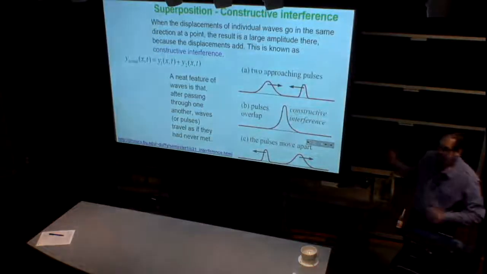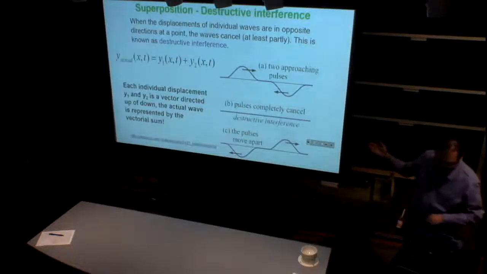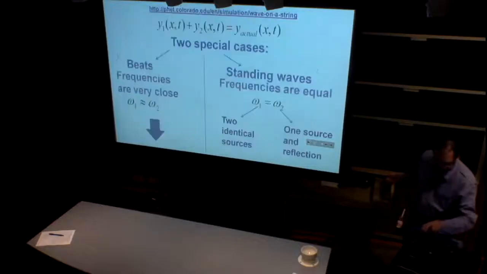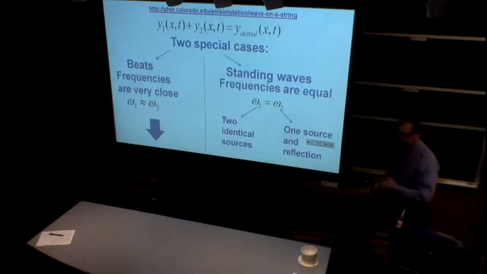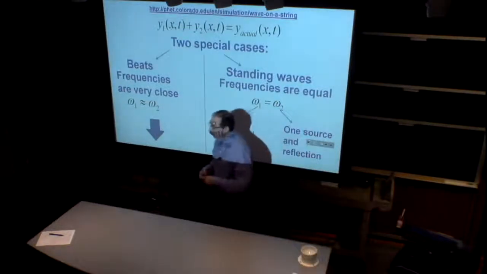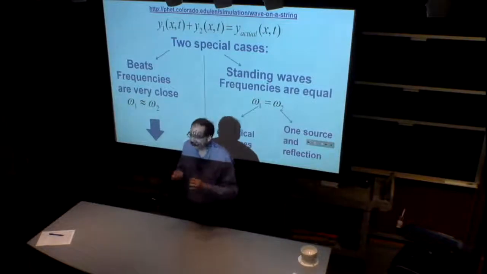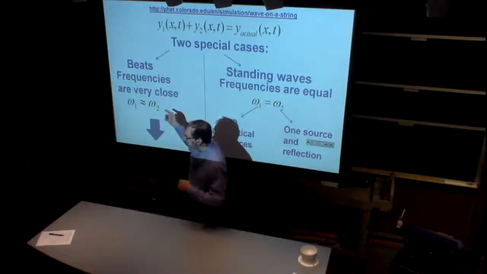Pictures, photographs from the applet: constructive interference, destructive interference. We have several special cases to discuss. Special case number 1, when interfering waves have different but very, very close frequencies, and a situation like that has a name, beats.